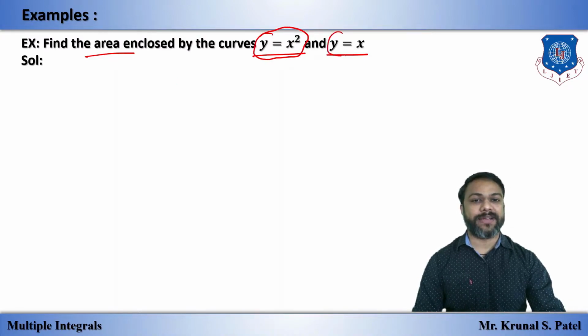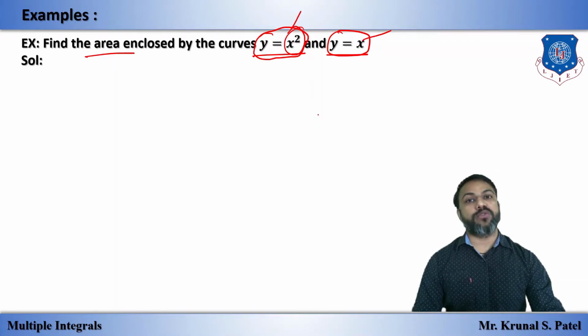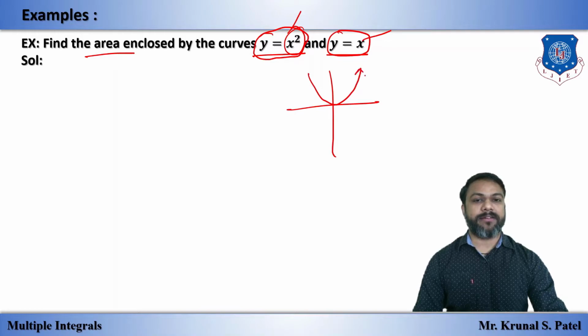We first identify these two curves. This is a line and this is a parabola. X square means symmetric about the y-axis, as we have discussed. Now if we draw these curves, this is y is equal to x square and this is y is equal to x.